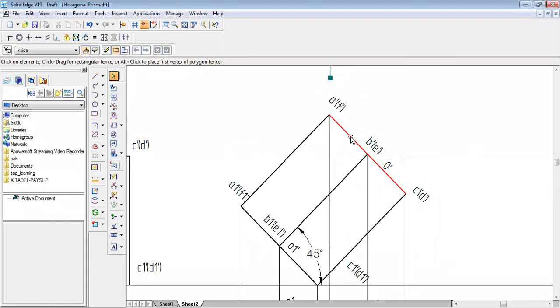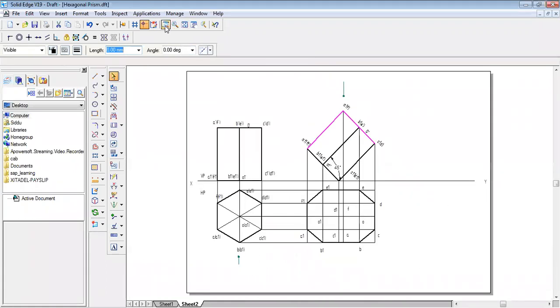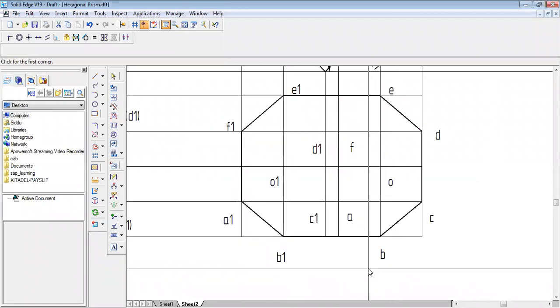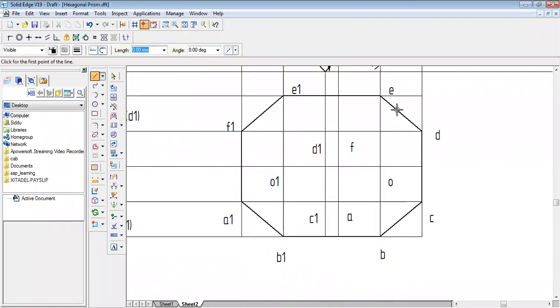So that is the top surface, A, B, C, D, E, F. And these are the two edges, A to A1, F to F1, and A, F dash, A1, F1 dash, that is going to be the surface. So totally this is also seen, this is also seen. Let us mark that with a thick line. So this is the point.